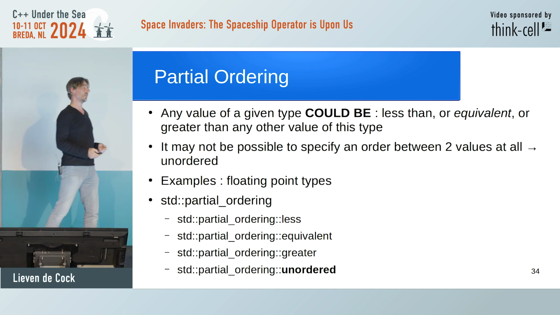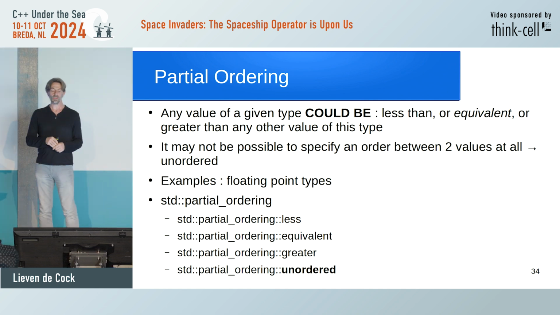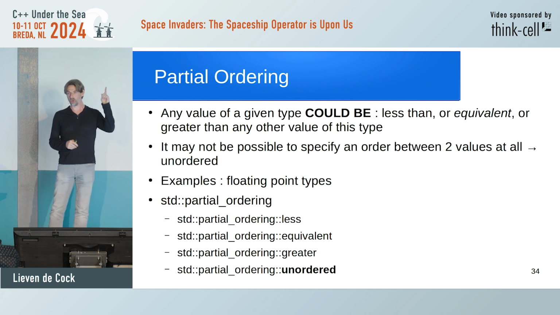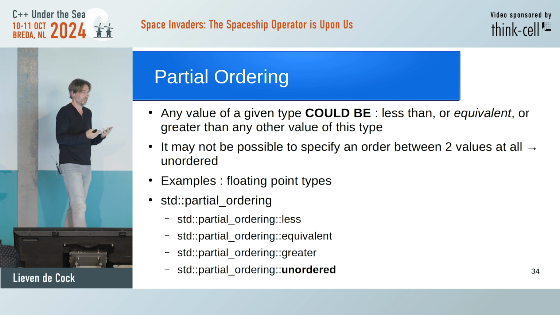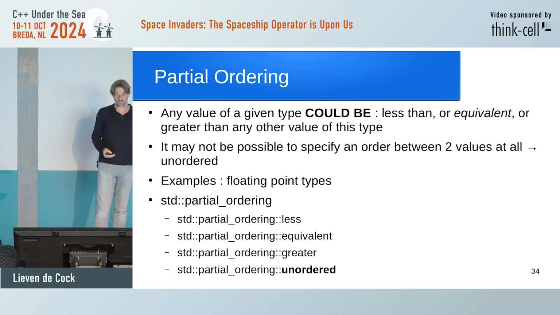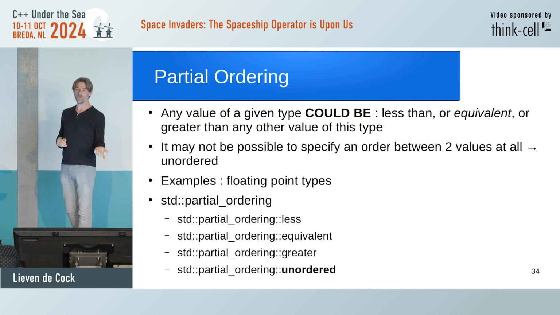And then the weakest of them all, partial ordering. Any value of a given type could be less than, equivalent, or greater than. Could. So that means it's possible, it can be compared. Think about what we saw with not a number. It could not be compared. The return type is an enumeration class called partial ordering.